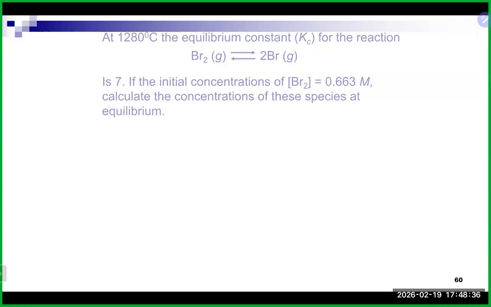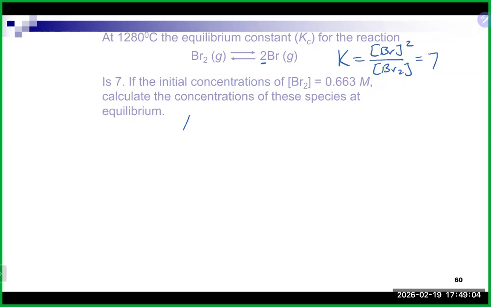So let's just start with the expression here. So like normal, our K would be our products, which in this case is Br. We do need to square it because of the coefficient, divided by the concentration of Br2, and that's going to equal lucky number 7 there. Now, we're going to do an ice table here so we could calculate the actual equilibrium concentrations.